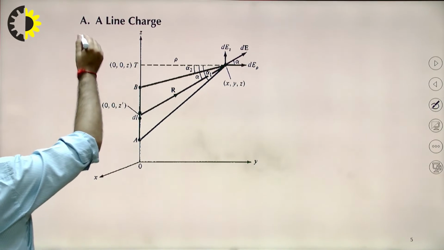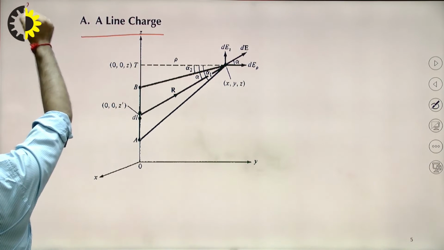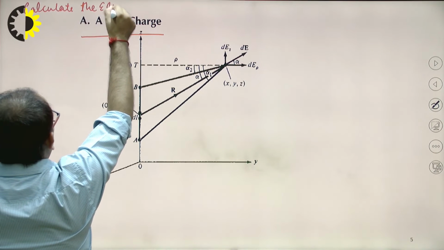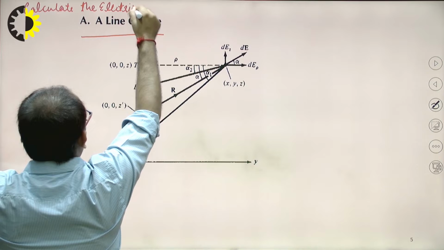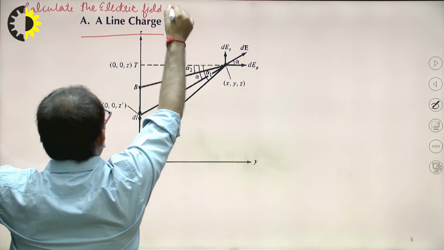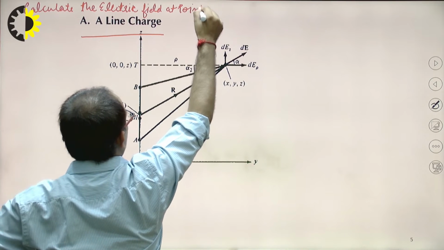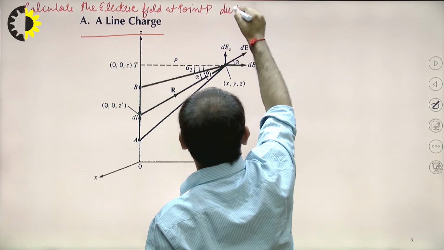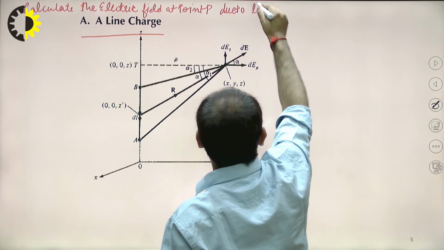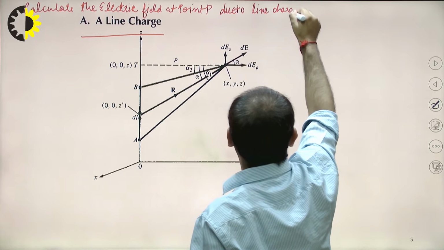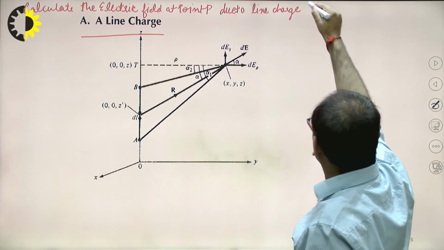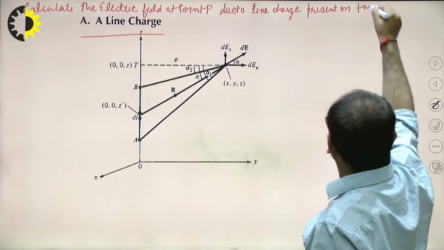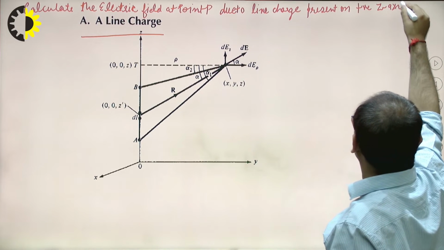Now this one is the question. I want to calculate the electric field at point P due to a line charge present on the positive z axis.